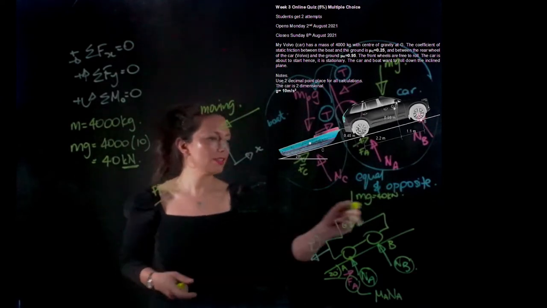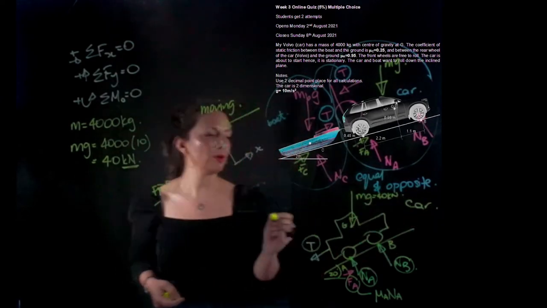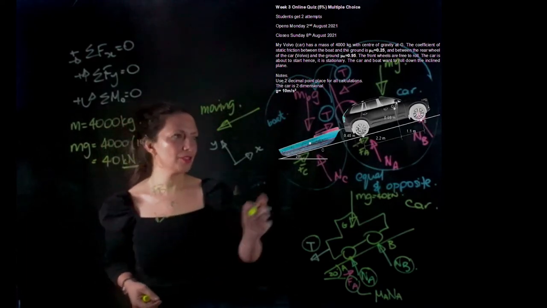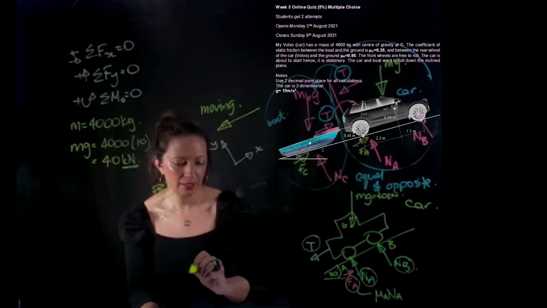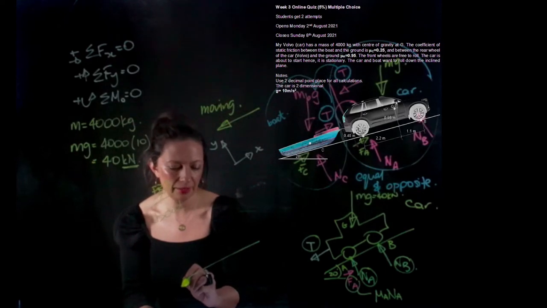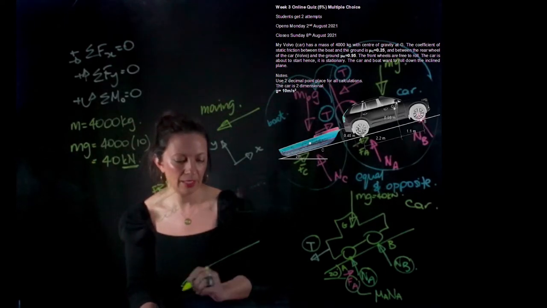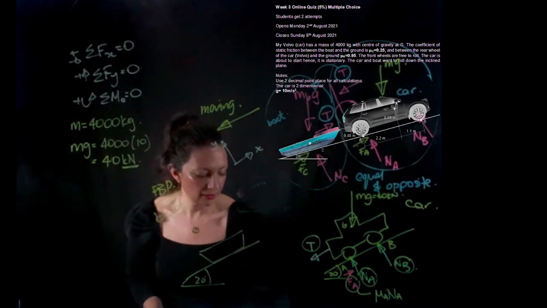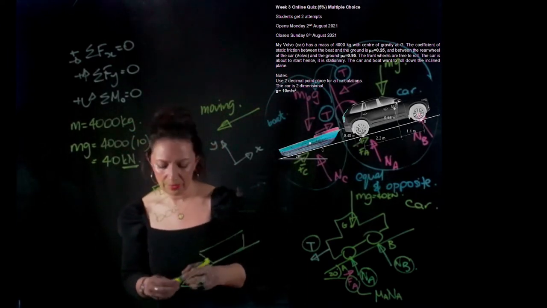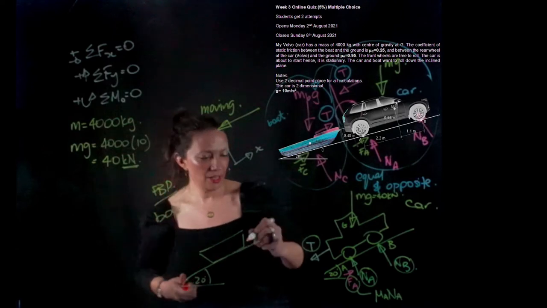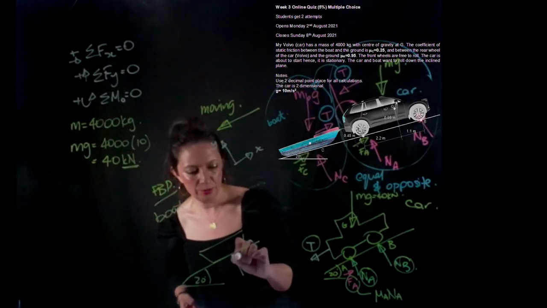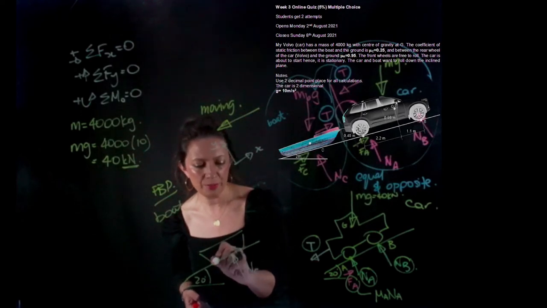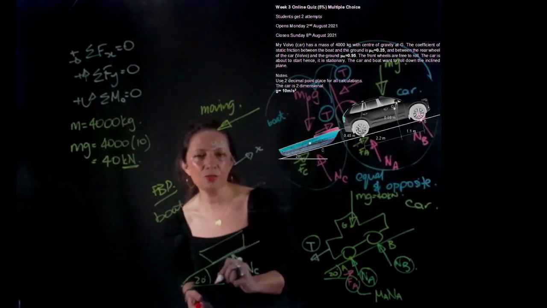Let's take a look. So this is the car. Let's take a look at the boat. Over here we'll draw the free body diagram for the boat. Here's my inclined plane, and here is my boat. I have a normal reaction between the surface of the boat and the ground.